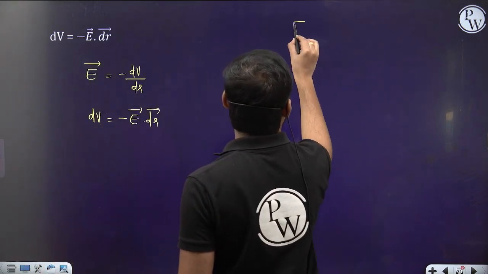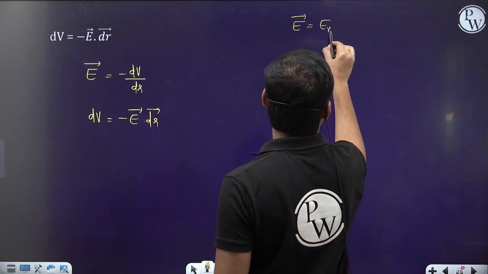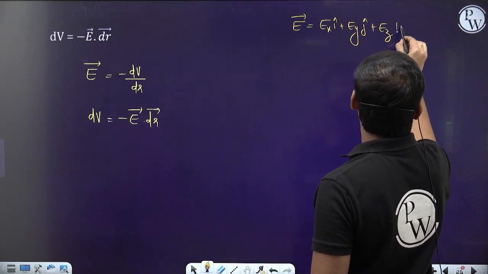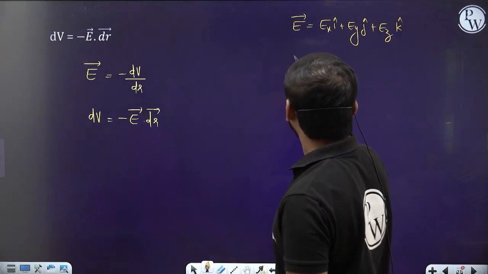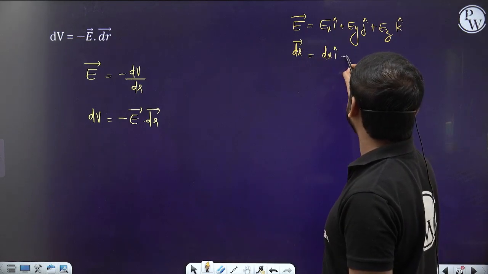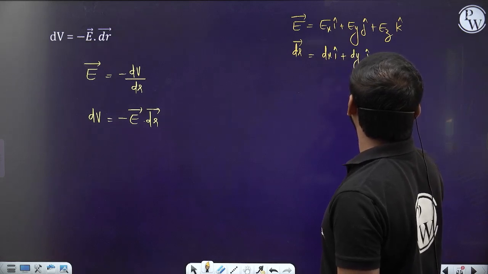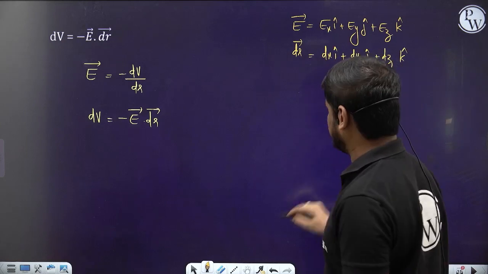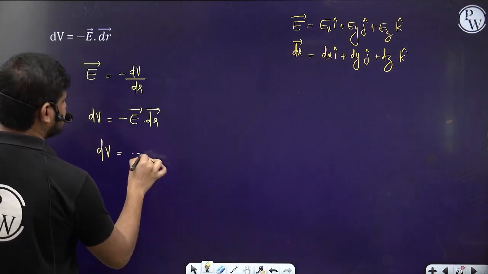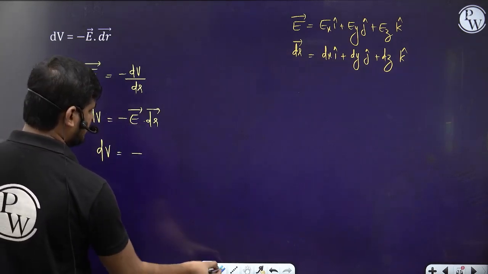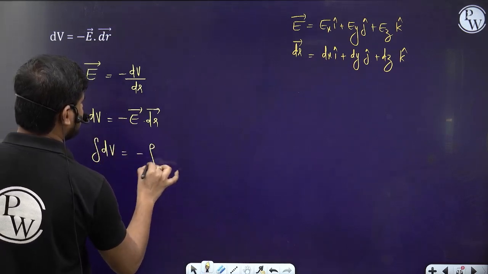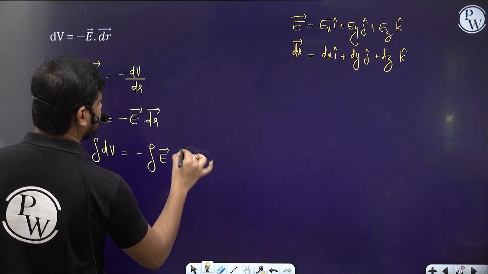If the gravitational field is given in this way, Ex i cap plus Ey j cap and then Ez k cap, and if the position vector also has components, let's suppose dx i cap and then dy j cap and then dz k cap in 3-dimensional space, then we can write this as dV is equal to minus E dr. Let's find the total gravitational potential by doing the integration on either side.